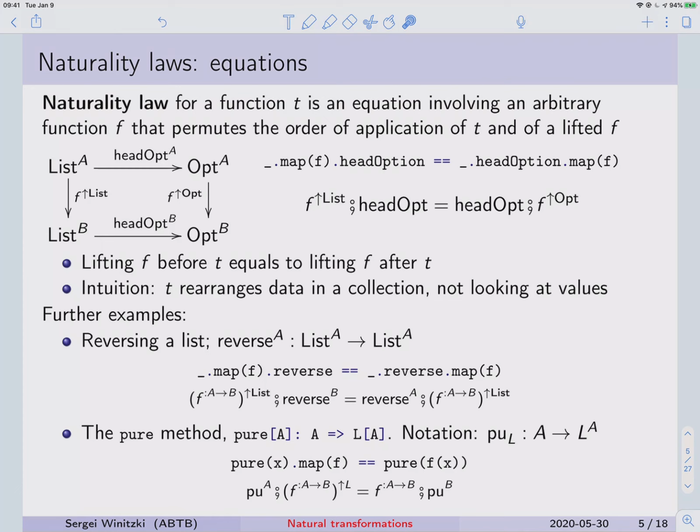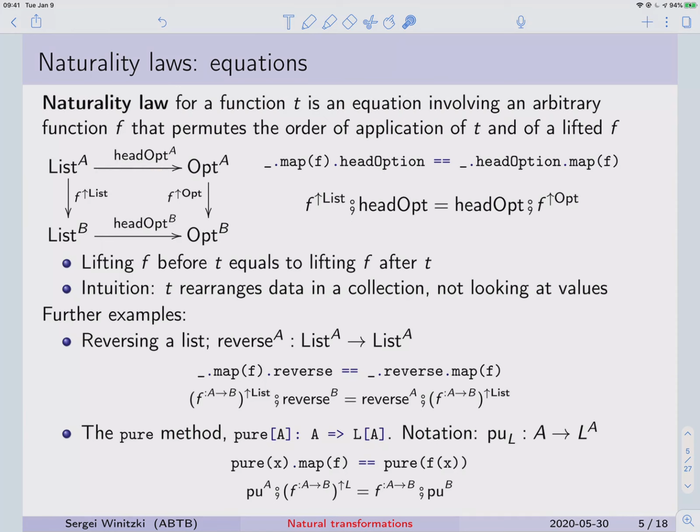So there was a list and there's an option. So there are some values in the list and there are some values in the option maybe, and they're arranged in a different way in these two collections, but the values are the same. And so you can transform these values first and then take the first element, or you first take the first element and then you transform, the result is the same.